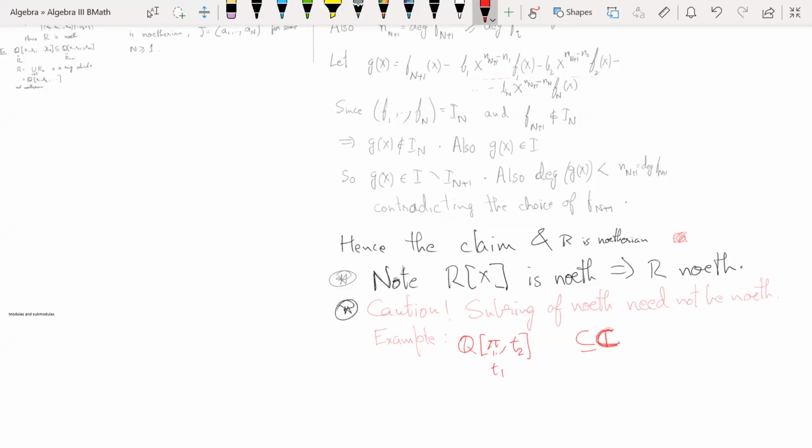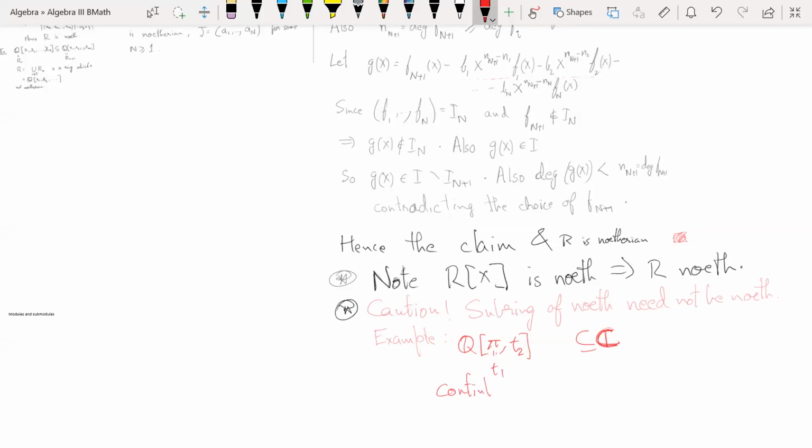As soon as you have such an element, if you adjoin it, you get a bigger ring. And so on. You can do this forever, because the cardinality is always going to be countable here, and C is uncountable. So continue this way.